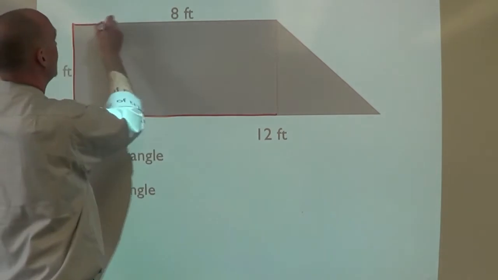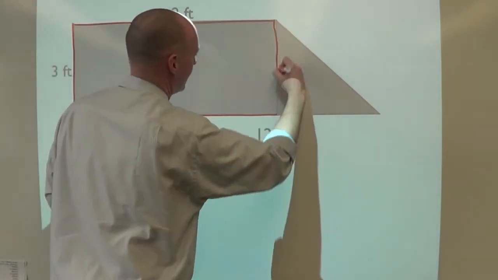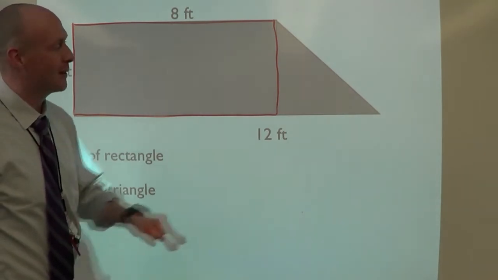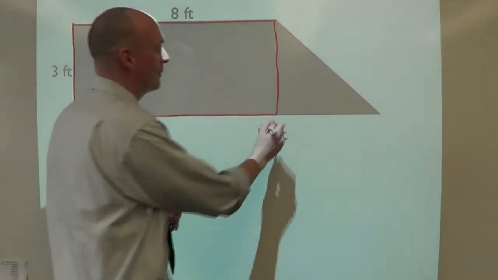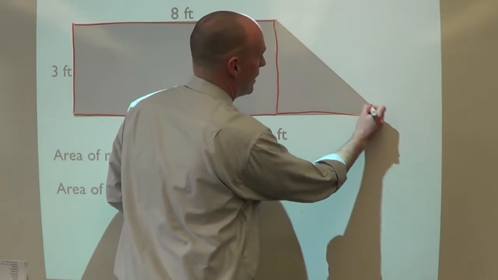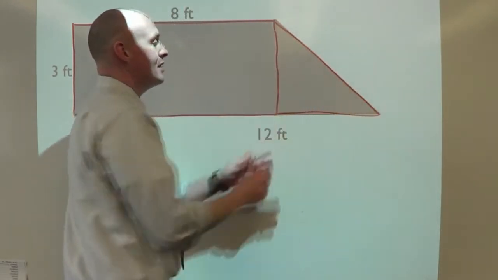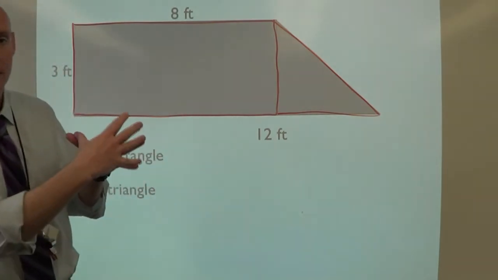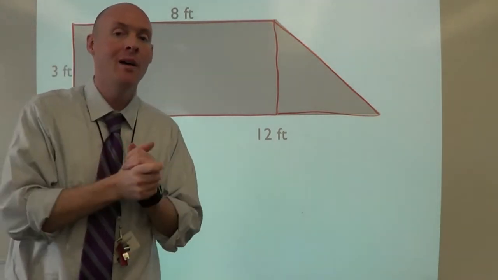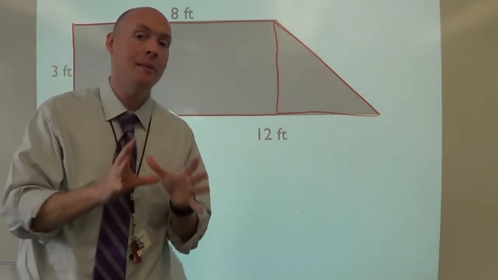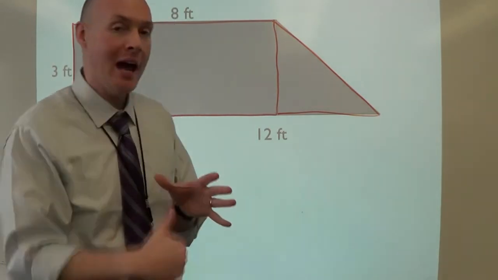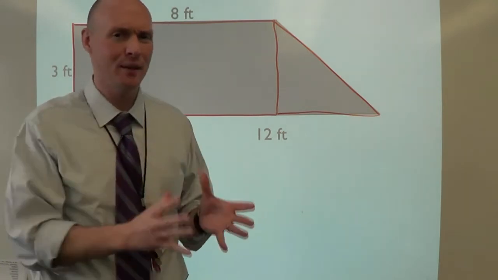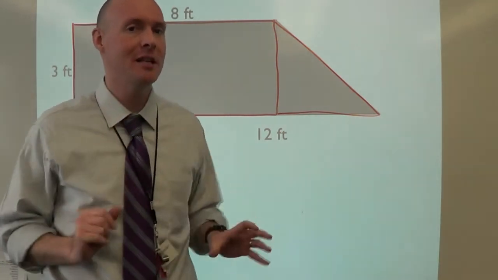Here is my rectangle. But there's another two-dimensional figure. Boom, the triangle over here. I'm just outlining so you can see that it's just two figures put together. Okay, easy enough, but finding the area can sometimes be a little bit tricky. You have to do it step by step. It's almost like you're a detective and you have to figure out some missing pieces.